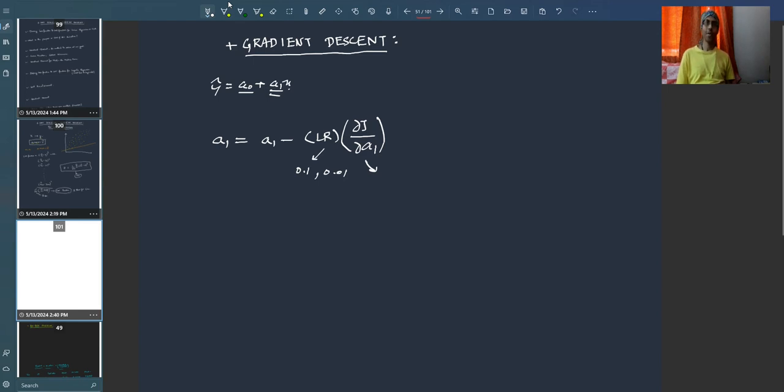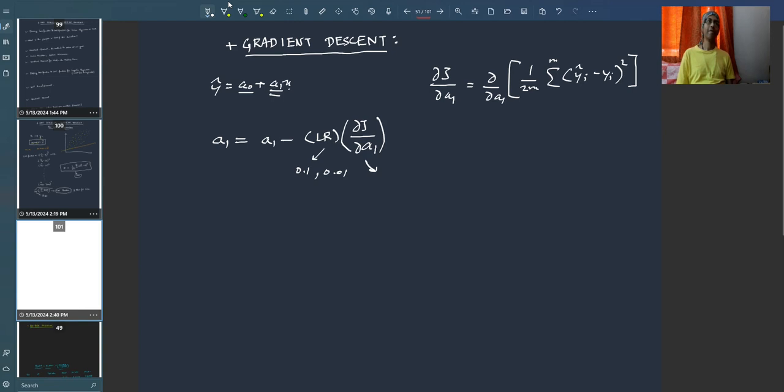Now let us try to understand what it comes to. del J by del a1 is basically del by del a1 of 1 by 2m sum of (y hat minus y) whole square.